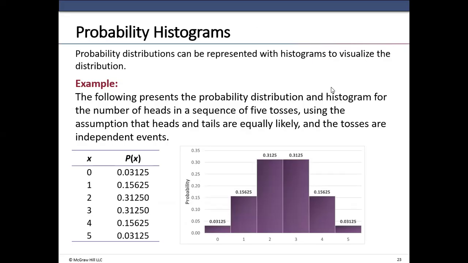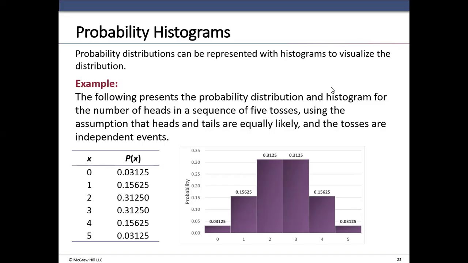They're looking at the number of heads if you're tossing a coin 5 times. 0 heads has probability 0.03125, 1 is 0.15625, etc. On the horizontal axis, as you can see, is the number of heads in 5 tosses. The lowest value is 0, the highest value is 5.